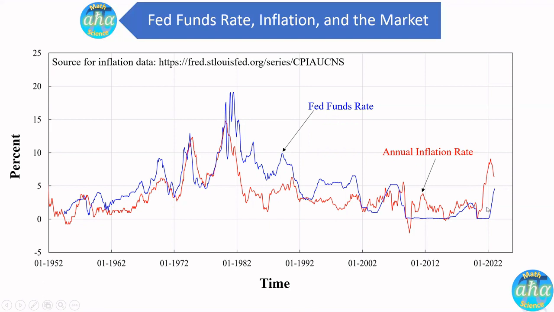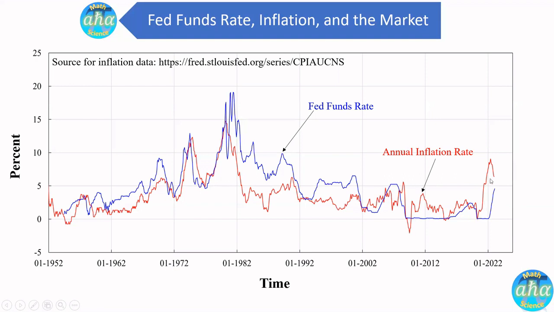But we also note that before the great financial crisis, the federal funds rate pretty much tracked the inflation rate in sync. Basically, the two rates go up at the same time, or even sometimes the federal funds rate goes up before the inflation goes up. But the story is different for the present time.